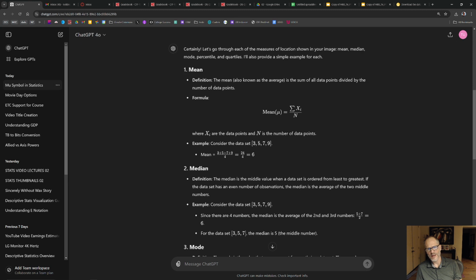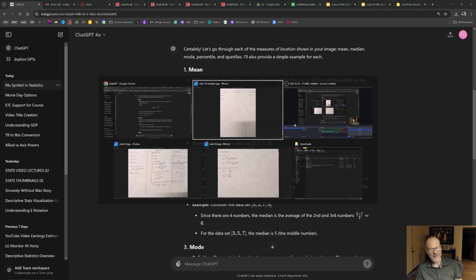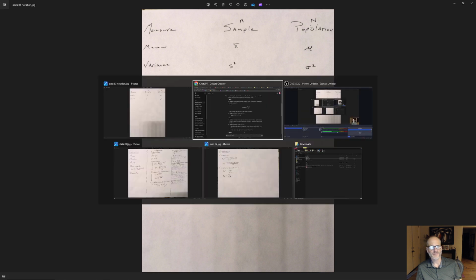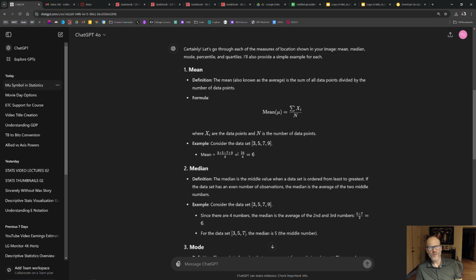We add those up and divide by the total number. Notice we're using a capital N, which represents all the elements in a population. So we divide by 4. 24 divided by 4 is 6. That's the mean, the average.